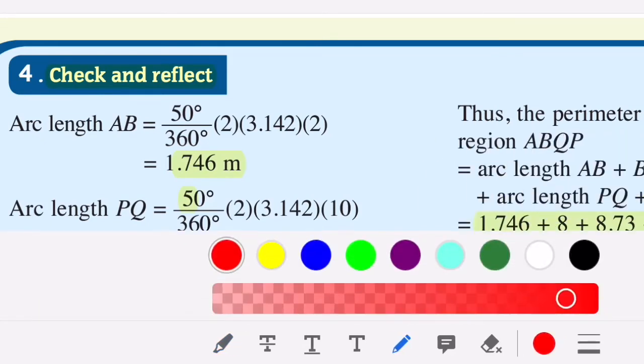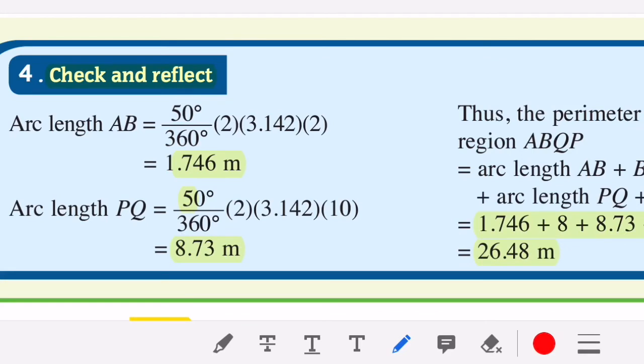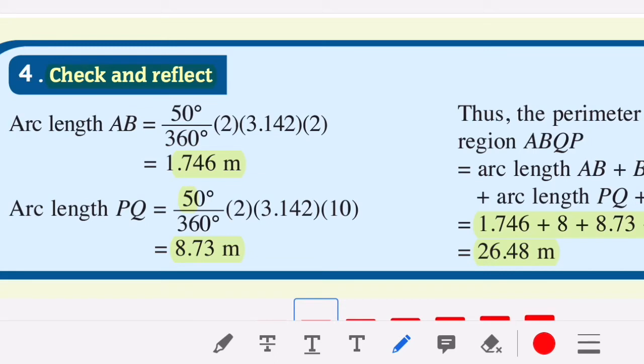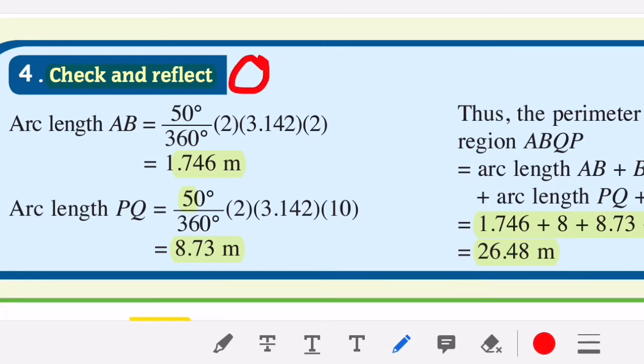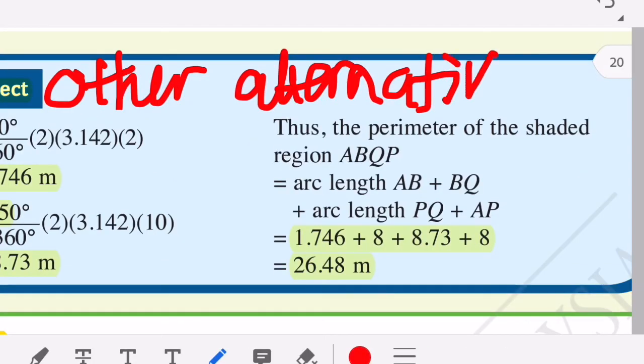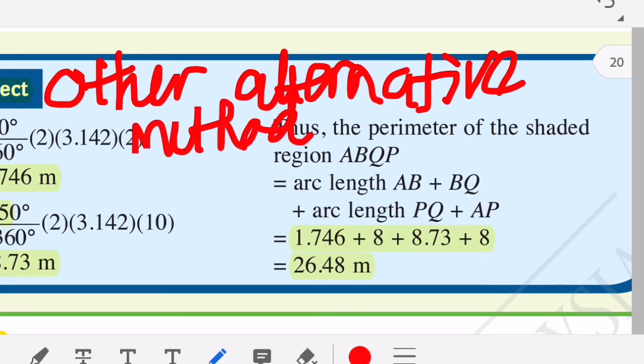So when it comes to the step of check and reflect, we always try to think of other alternative ways. We can use another formula to check, or use another method to double check, to see whether you can get the same answer.